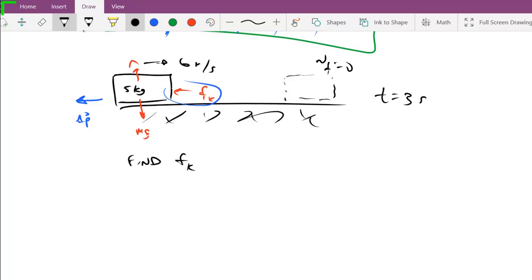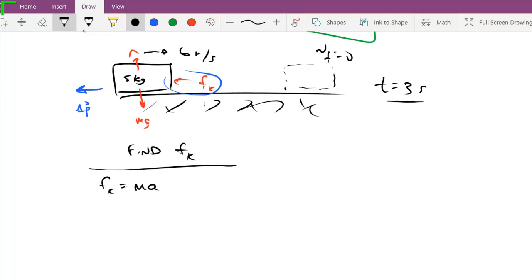Maybe we'll do it first that way. So we know that the frictional force will be the mass times the acceleration, right? Actually, let me take that back. We first want to find our acceleration.